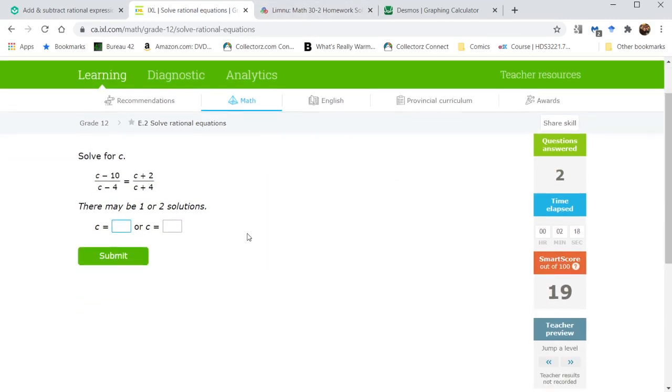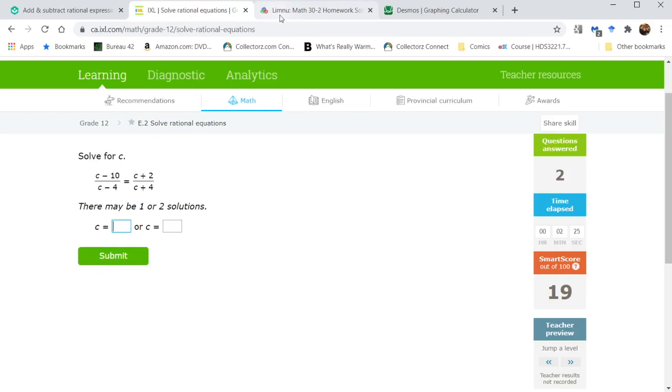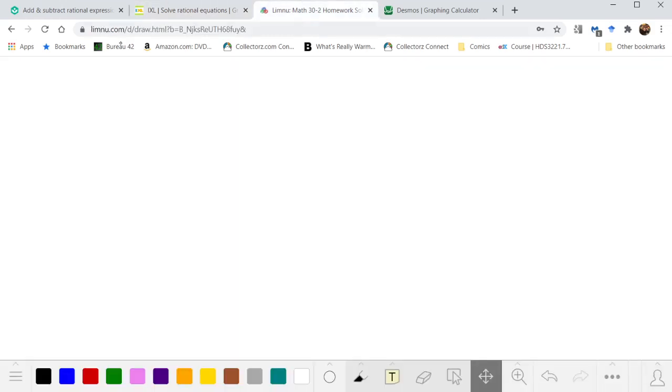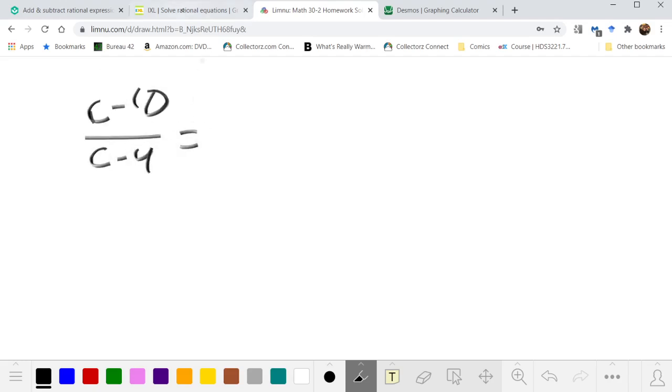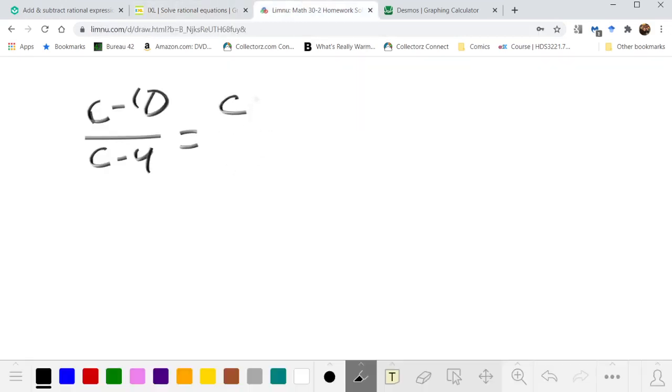Now we can start getting into our multiple solutions. So here we have (C minus 10) over (C minus 4) equals (C plus 2) over (C plus 4). We have to remember that C is not allowed to be 4 or negative 4 because those values would make at least one denominator 0.